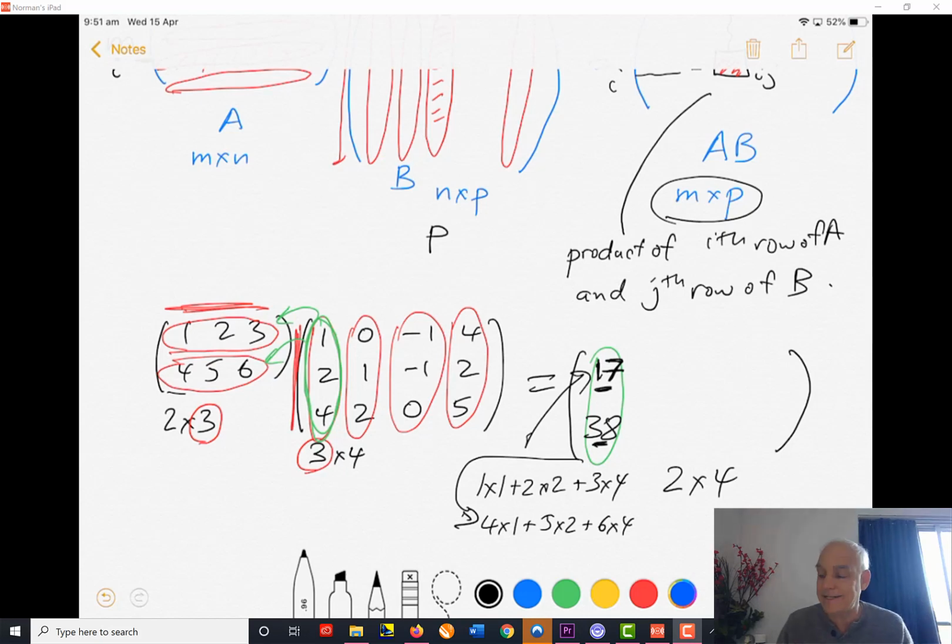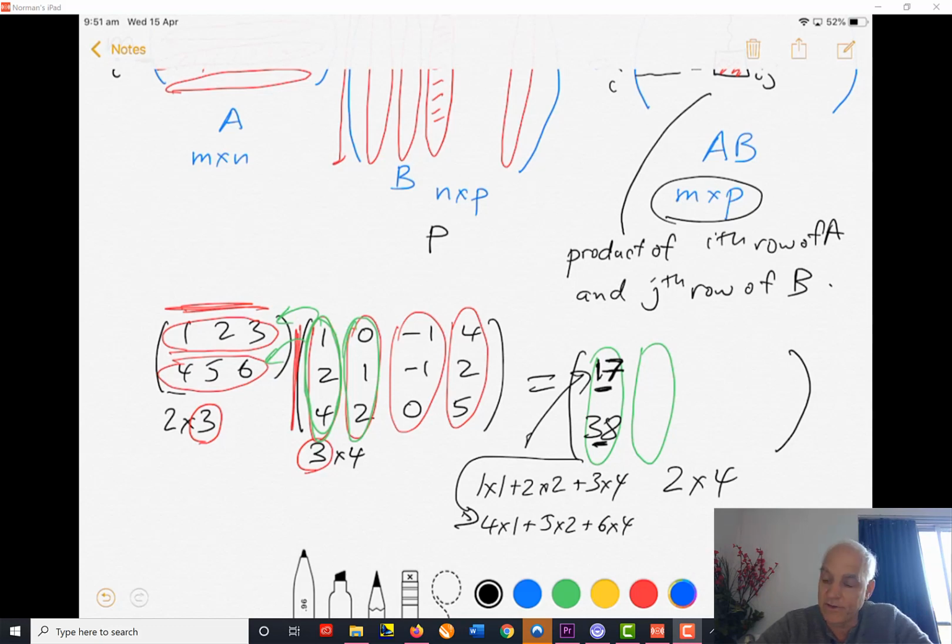Now I'm going to go to the second column. To compute that second column, I'm going to go to the second column in the matrix on the right-hand side and multiply it by each one of the rows of the left-hand matrix A. Okay, so what's that? I'll just write down the answer. So it's the vector 1, 2, 3 times the vector 0, 1, 2. So we get 1 times 0 plus 2 times 1 plus 3 times 2.